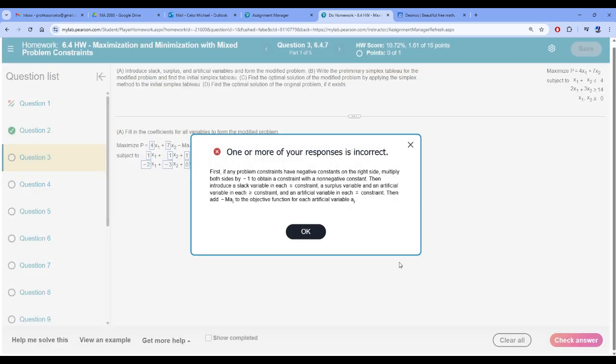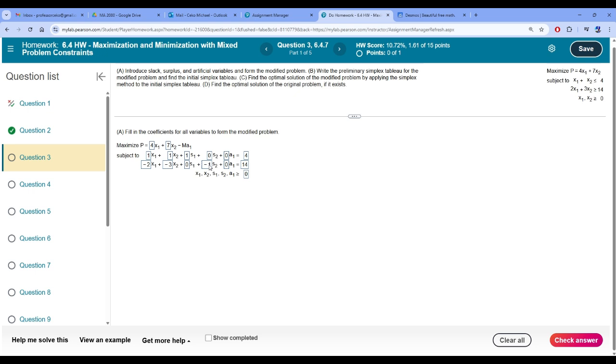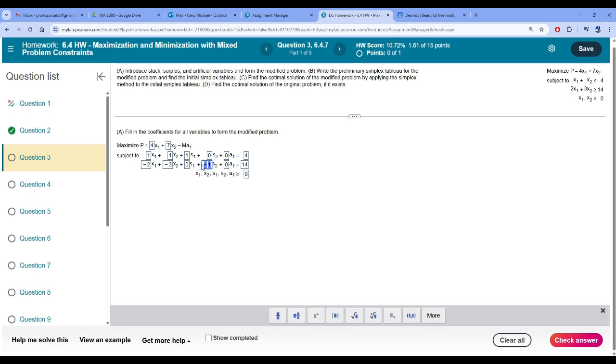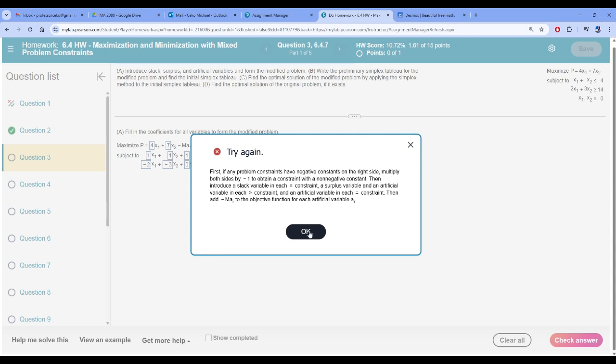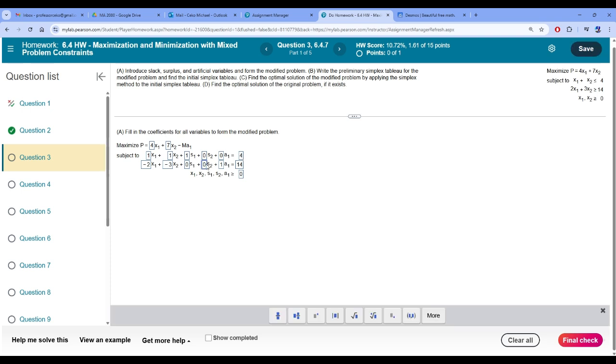0, and that should be 14, where S1 is 0. I think I got something wrong here. Where did I mess up? Is S2 equal to 0? 0, and this is 1? No. -1? That's 0.